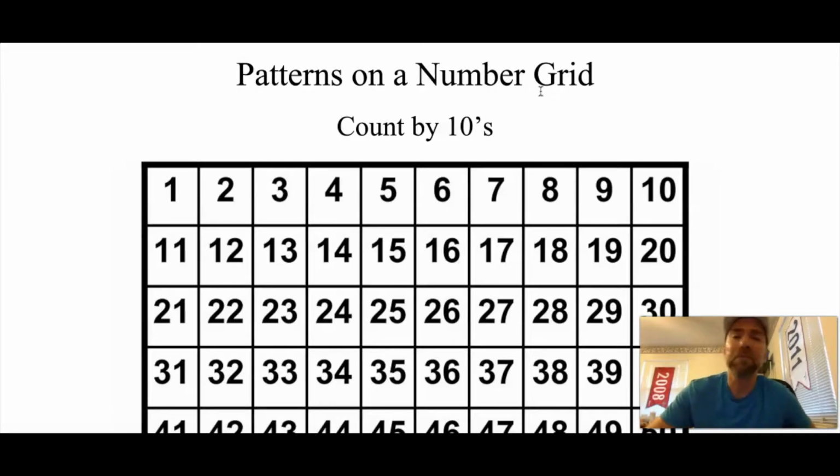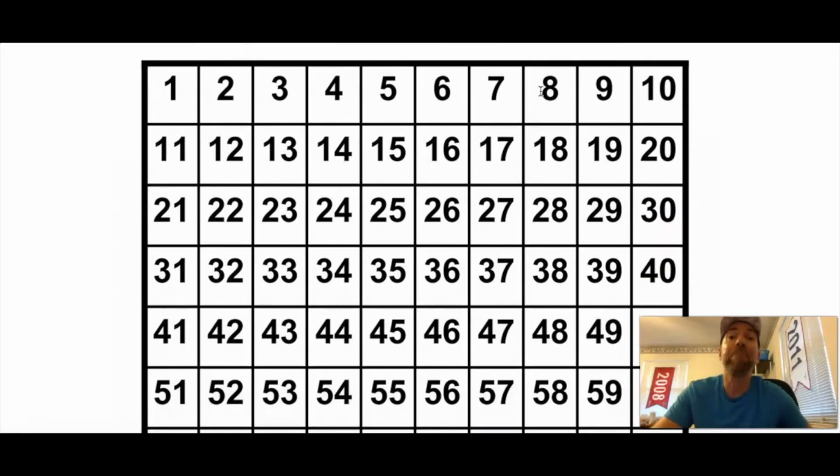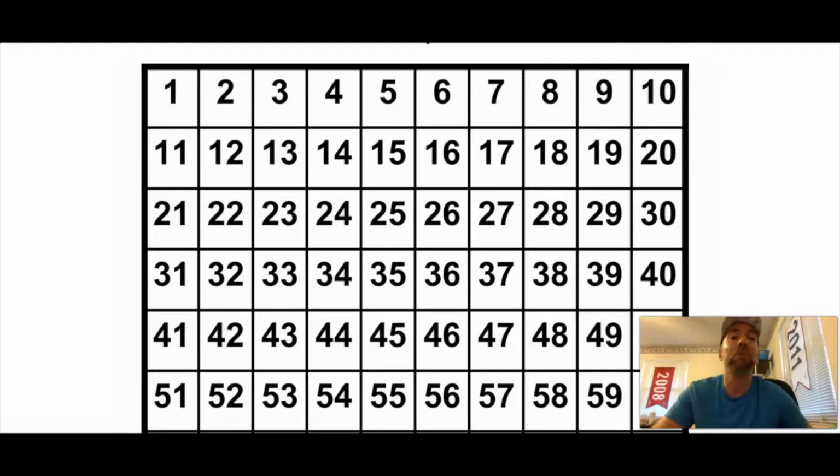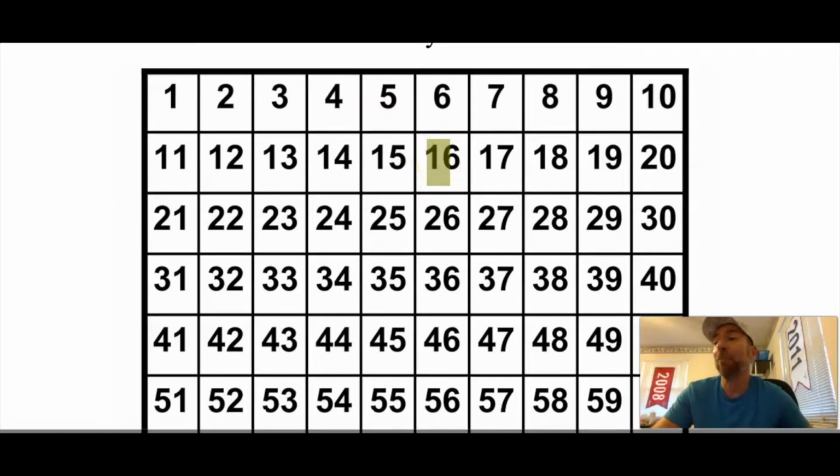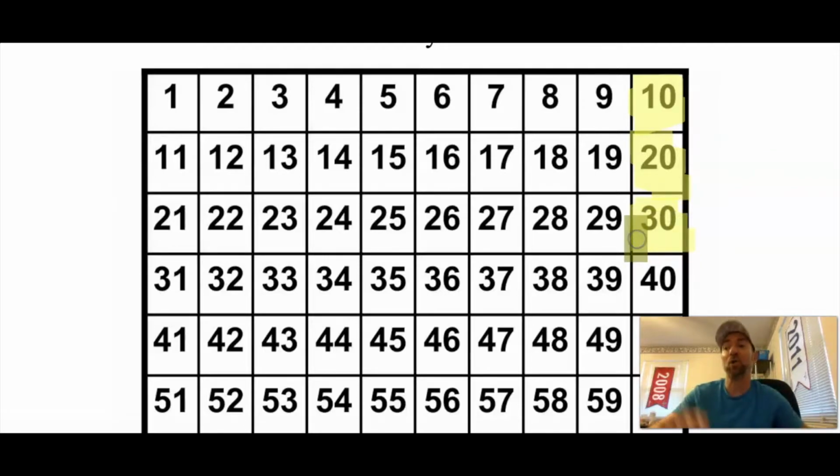Let's start. We'll do it together, and I bet you will be able to finish this. So on our number grid, we are going to count by tens. So we have 0, and then we say 10, 20, 30. Now, I want you to circle all the numbers that you say when you count by tens.